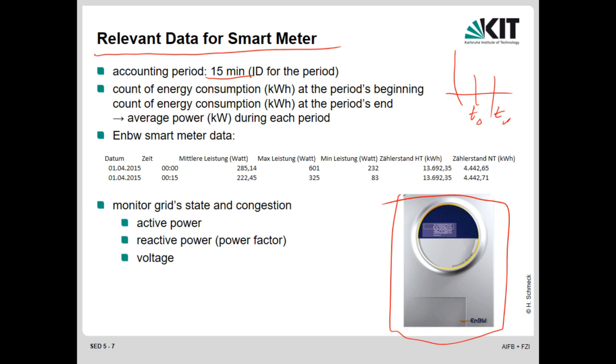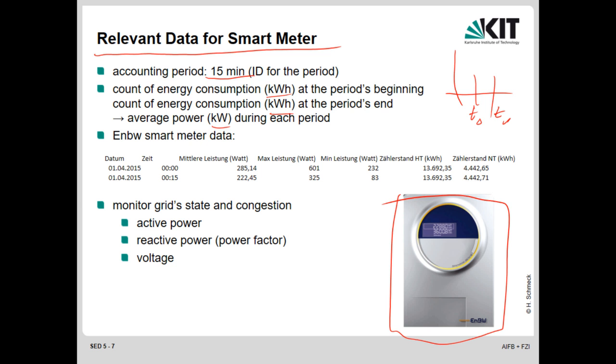So you have the count of energy consumption at the period's beginning, the count at the period's end, and then you have the average power during that period. You just take the difference, and you know how much you have consumed on average.